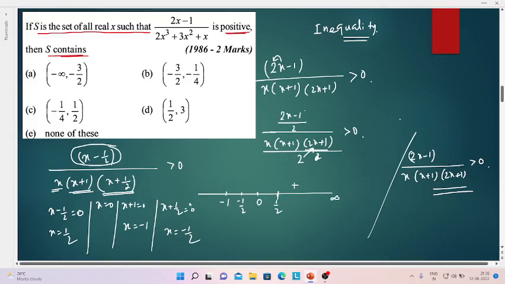This is infinity and this is minus infinity, right? Similarly, that part will be negative, that part will be positive, that part will be negative, and that part will be positive, right? So can you tell me which part gives positive values? That part and that part, right?